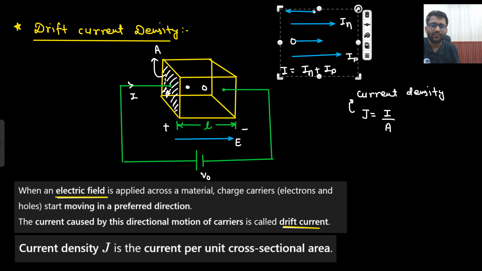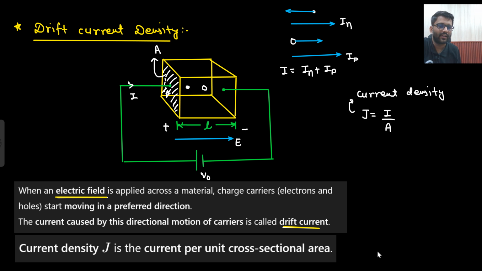So current density is J equals I by A. Now you have studied Ohm's law, right? In Ohm's law, what was the formula? J equals sigma E. Do you remember it? So from here, two formulas you will remember.